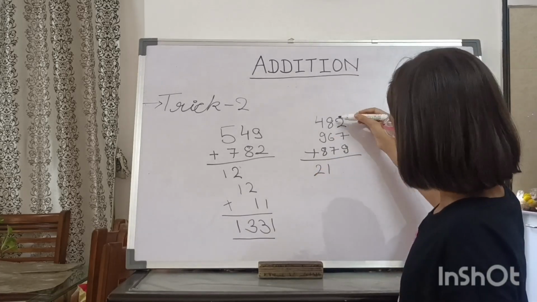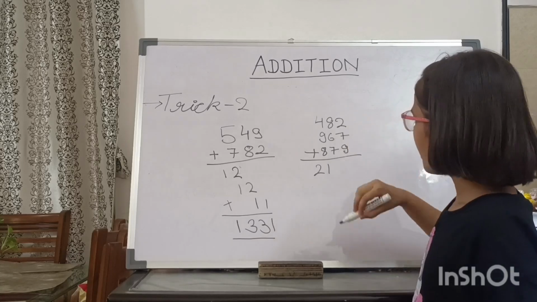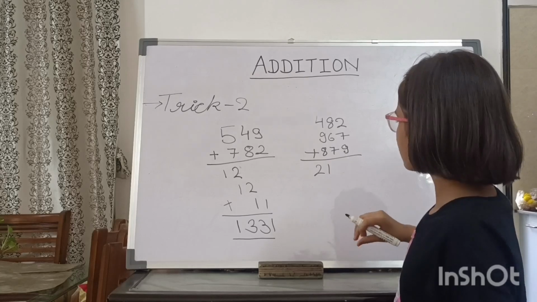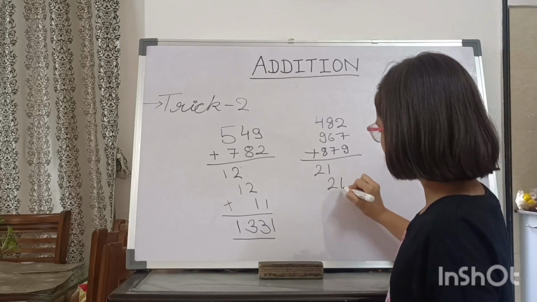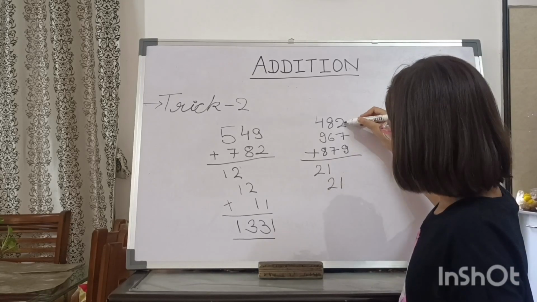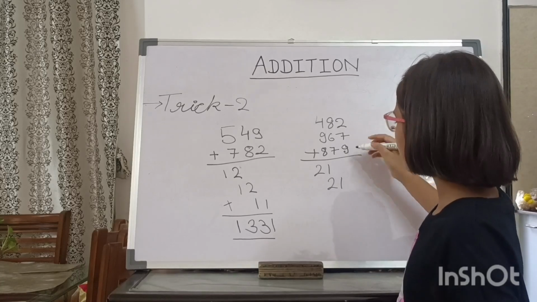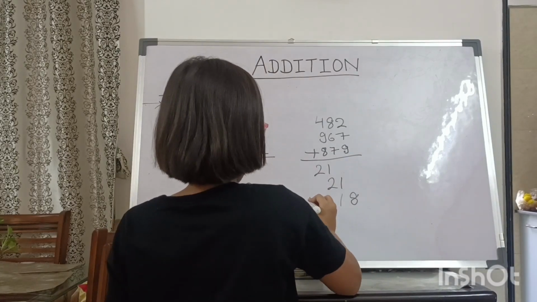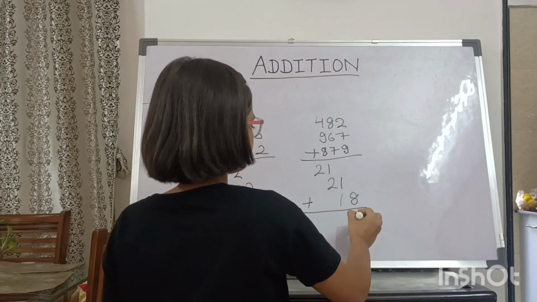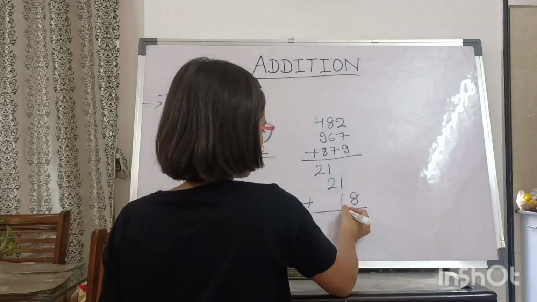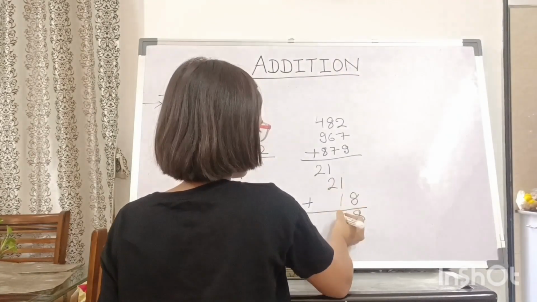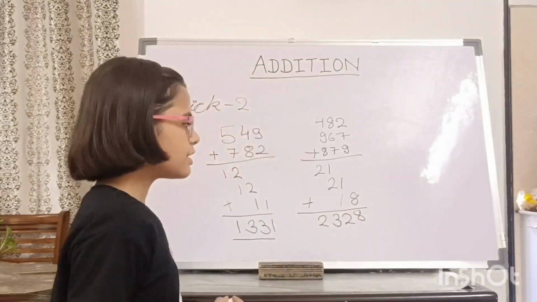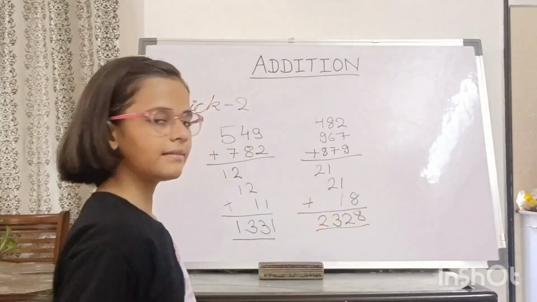And 8 plus 6 plus 1 is 15, and 3 plus 7 plus 7 is 17. So this is your answer.